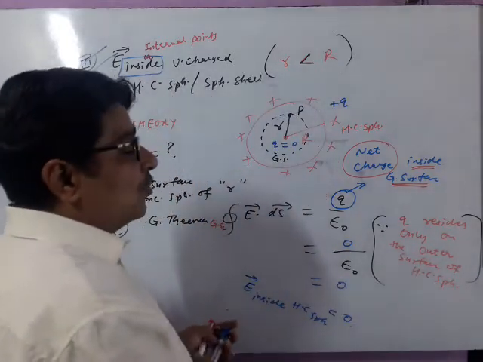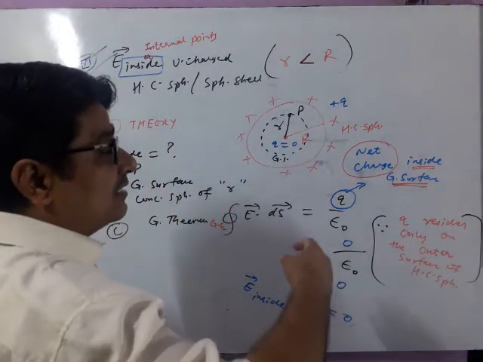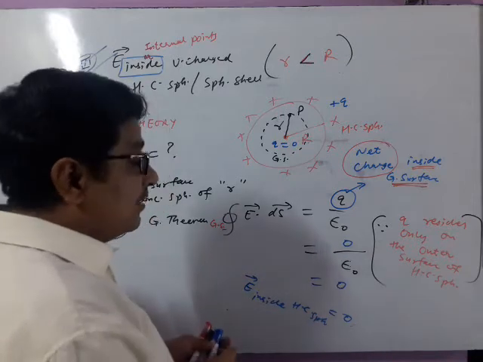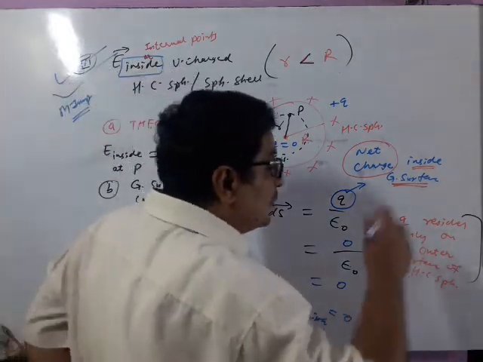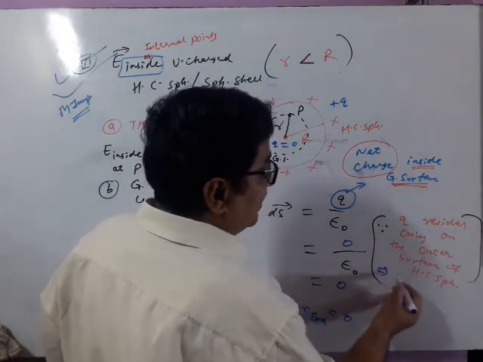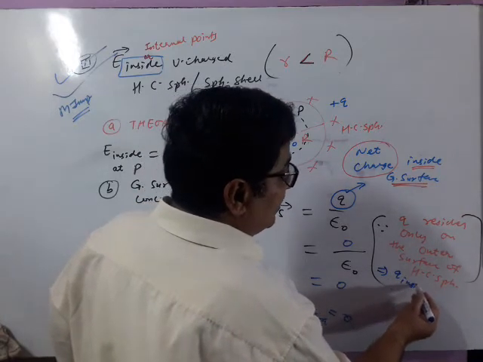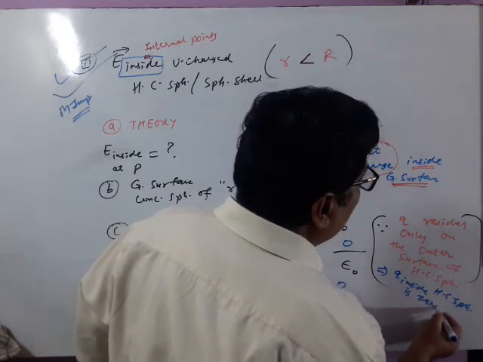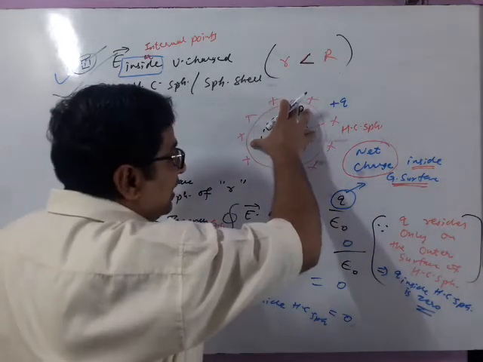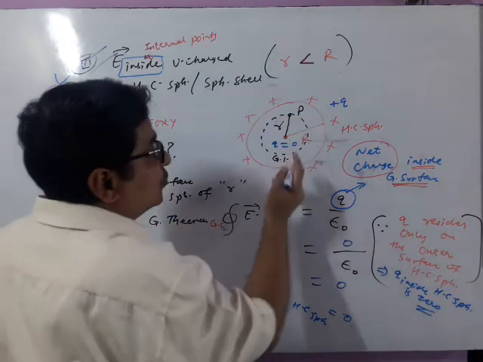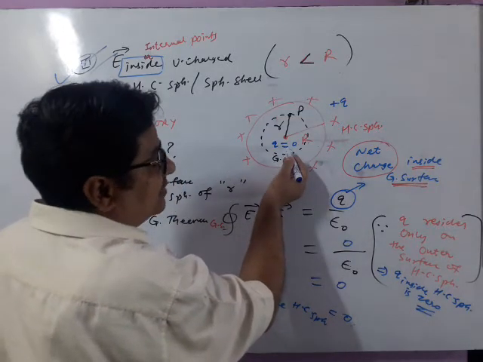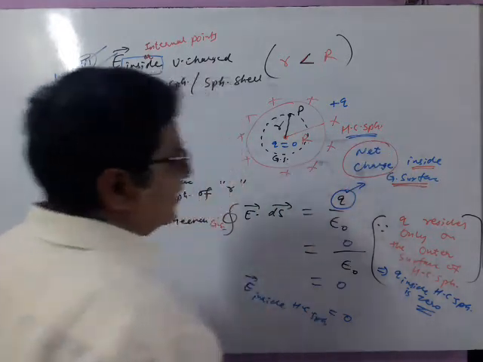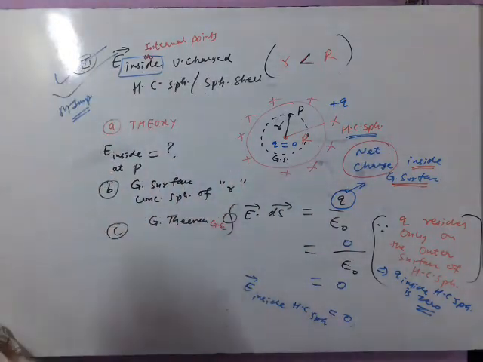It can be discussed separately also in the topic electrostatic shielding. See, charge resides only on the outer surface of a hollow conducting sphere. It means the charge inside a hollow conducting sphere is always 0. If 0 charge is inside the hollow sphere, then 0 charge is inside the Gaussian surface, because the Gaussian surface is considered inside the hollow conducting sphere. So the inside electric field will be 0.